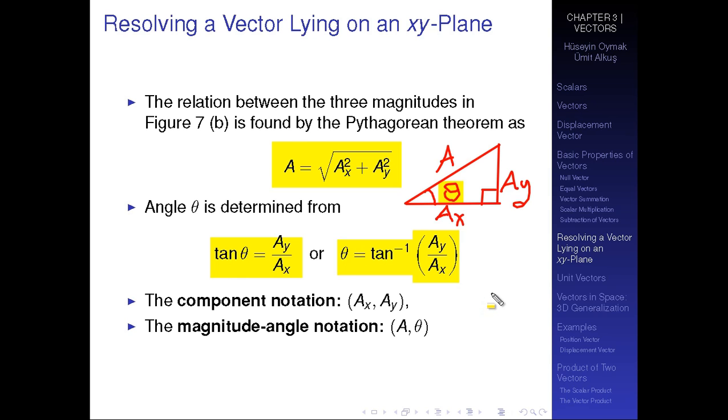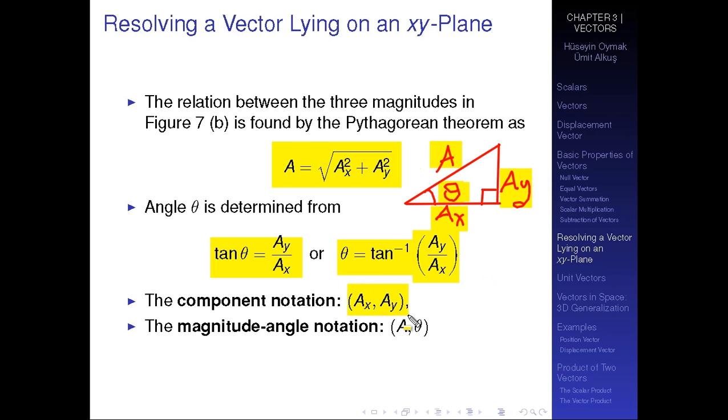It might be useful to notice that a vector A in an xy plane can be completely specified if we know first its components AX and AY, or its magnitude A and the angle theta it makes with positive x-axis.